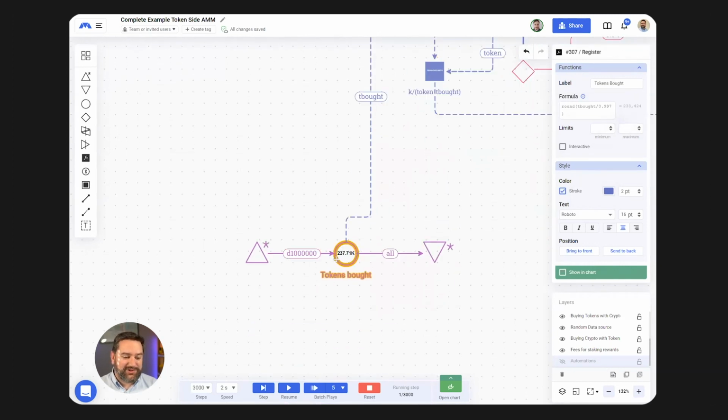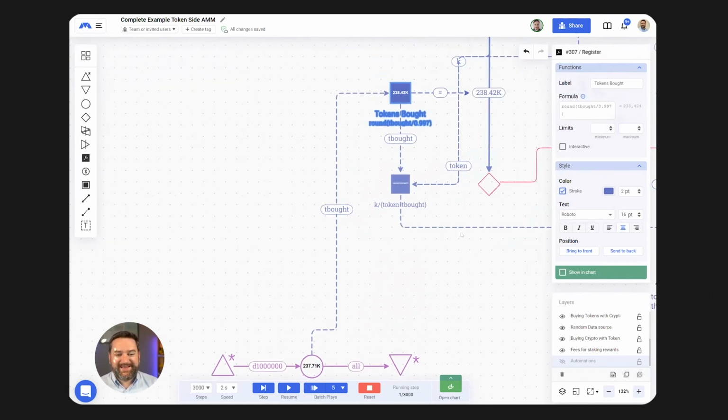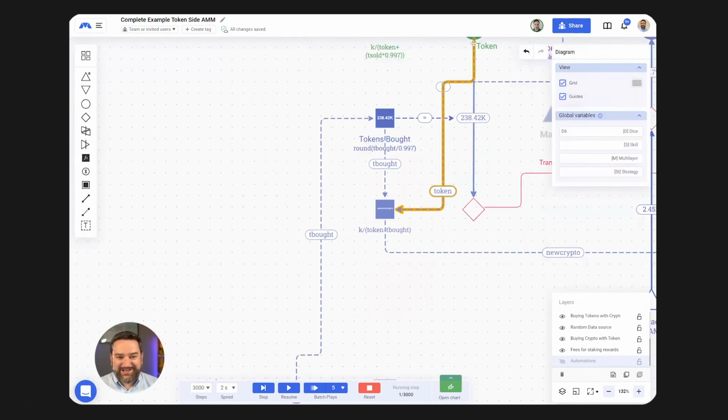So it's going from 237,000 to 238,000. So that as that number of resources come out, 0.3% is going to go off in our transaction fees, and the rest will come out. Let me add that layer back in. So then my 99.7% is going to carry on back into my game economy.